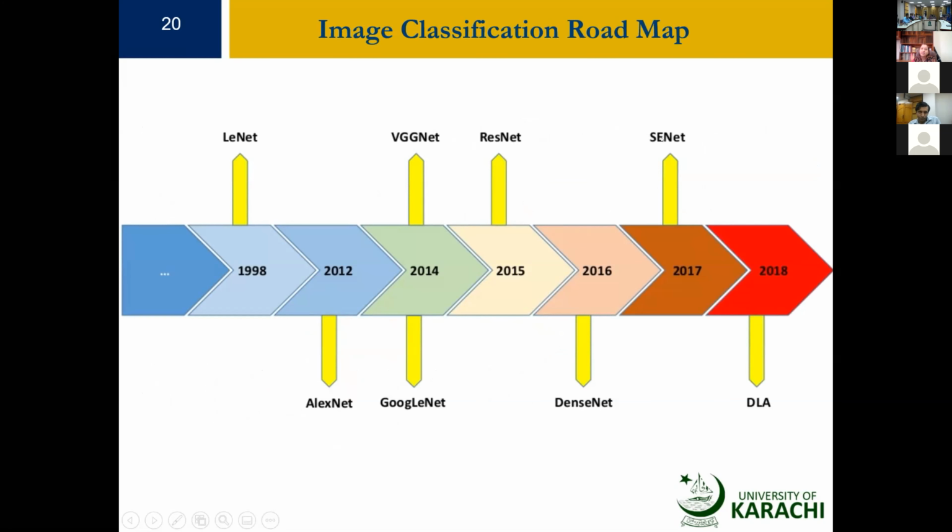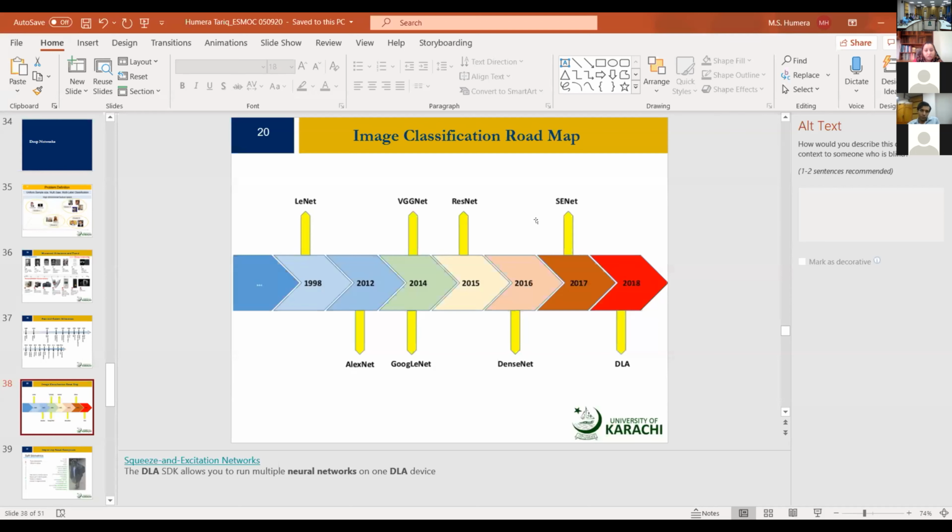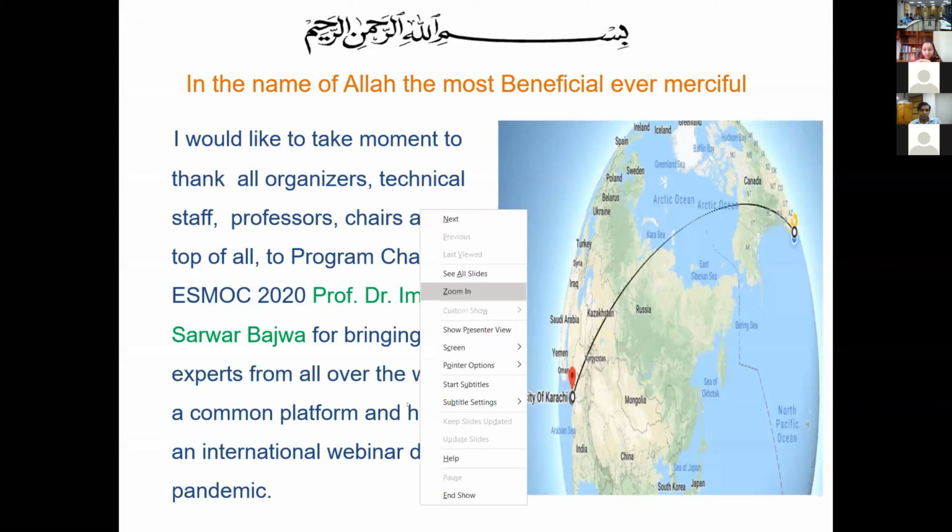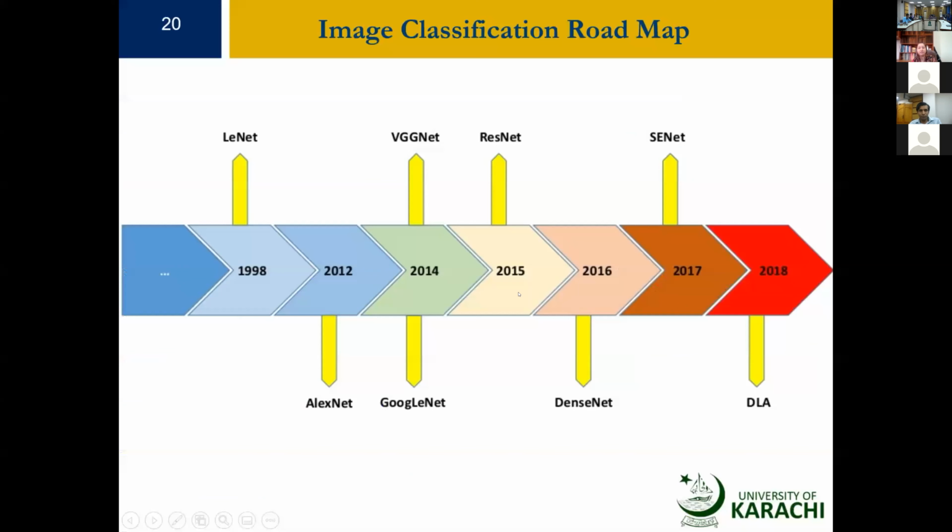This is Squeeze and Excitation Network, SENet, while DLA stands for Deep Layer Aggregation. This is where our generation has to start. So the technology is running very, very fast, and if we don't make our pace fast, we will be left behind as before.